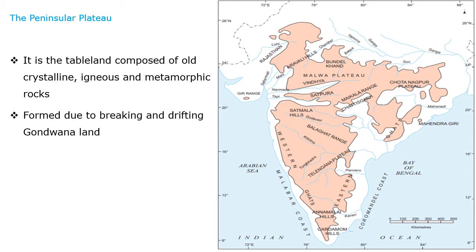So this Gondwana land, the tectonic plates having broken and drifted, formed the present Peninsular Plateau of our country. Actually, this Peninsular Plateau is divided into two: Central Highlands and Deccan Plateau.